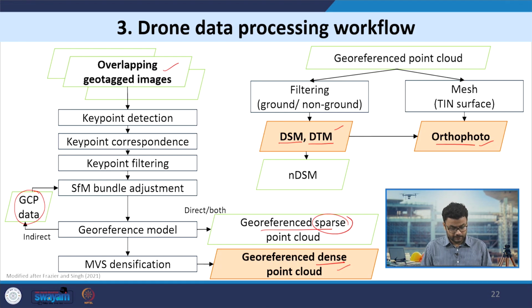Usually the steps from key point detection to sparse point cloud generation are performed in a single step in most software. It is followed by specifying the ground control points for georeferencing the sparse point cloud, and this is followed by densifying the point cloud to result in a georeferenced dense point cloud.